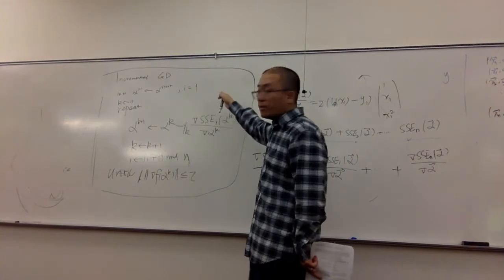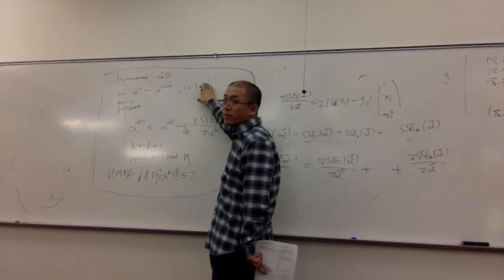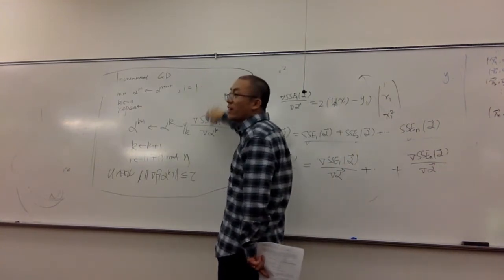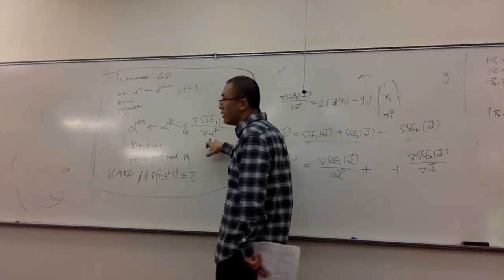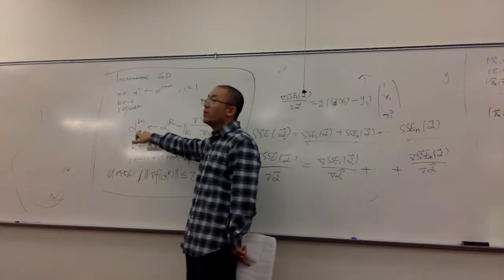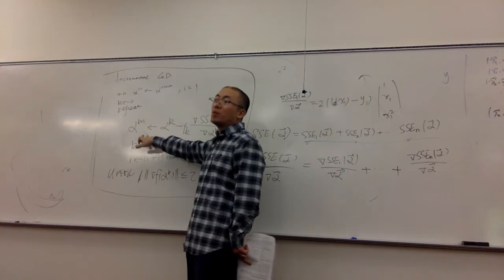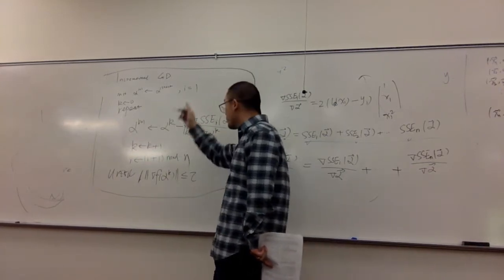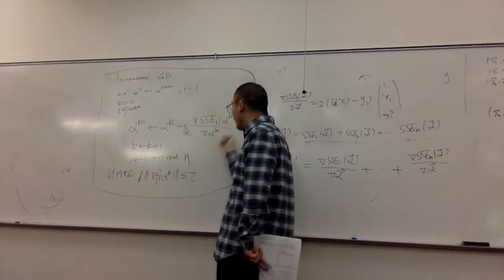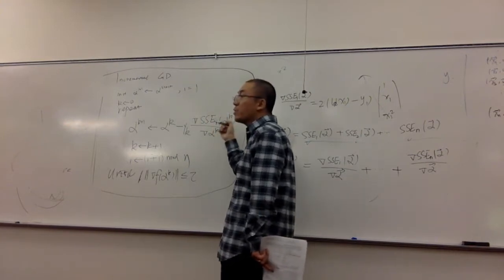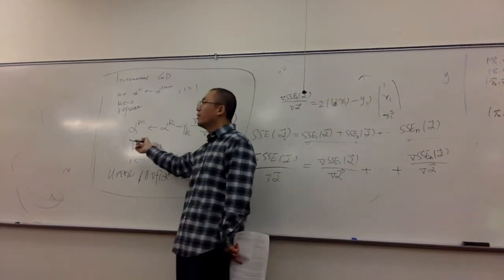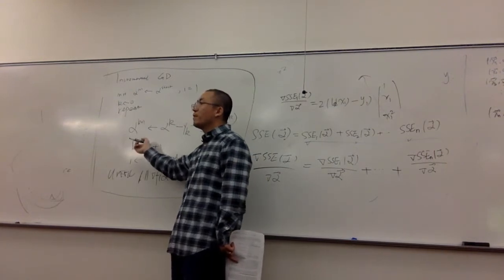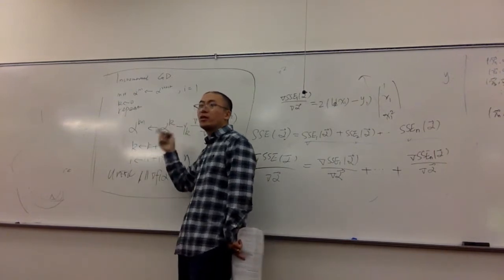So in the first update, we simply choose the first instance, calculate SSE1 and its gradient, and use this gradient to update our model parameters alpha, right? And then to perform the next update, we choose the second instance, calculate the gradient of SSE2, and then update the current alpha. You can continuously do that.